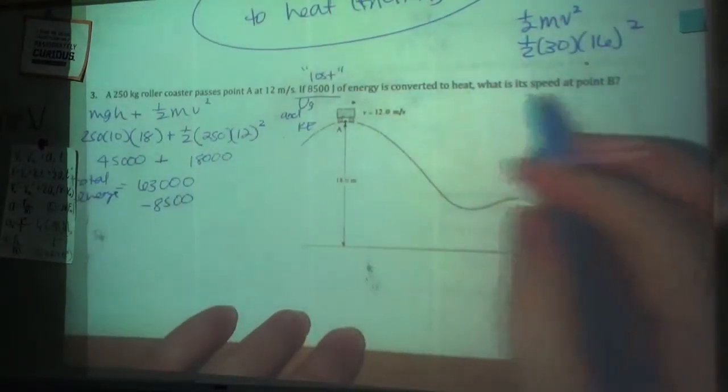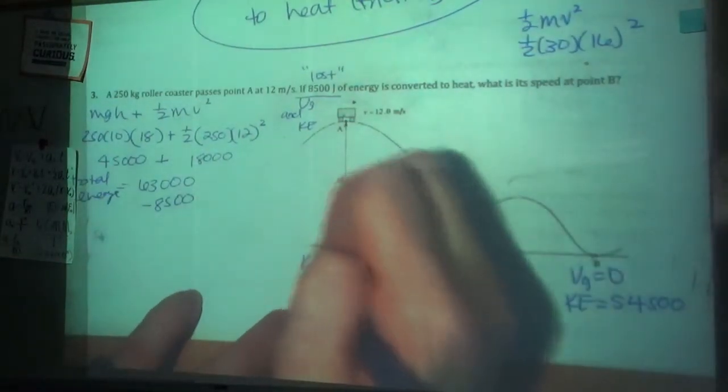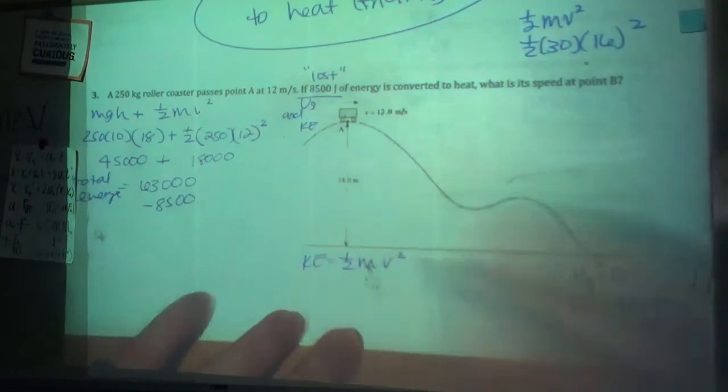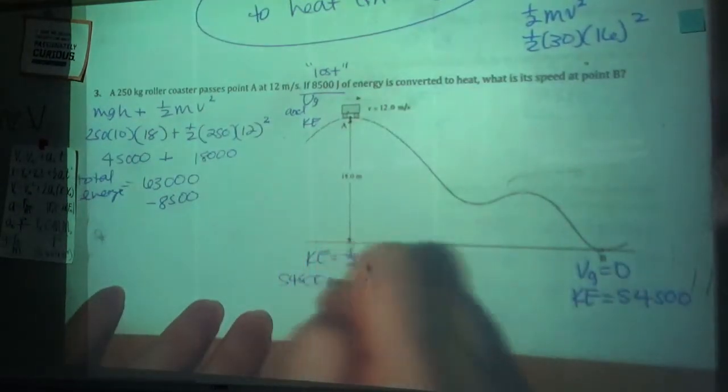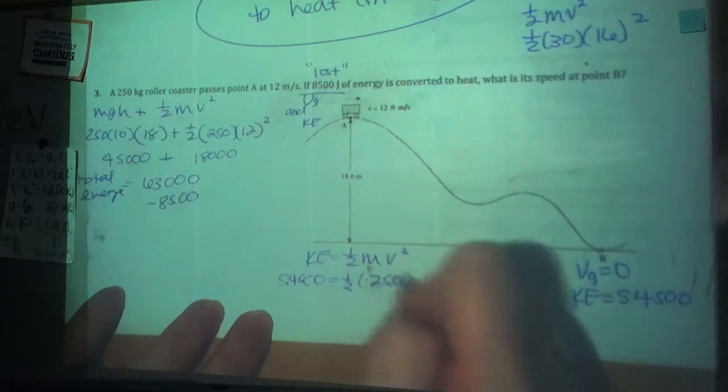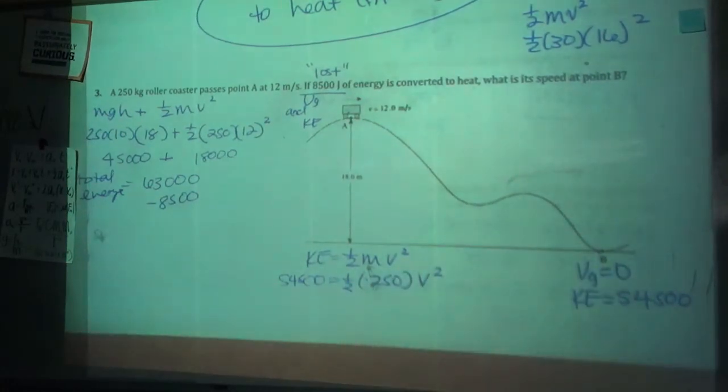Now what I wanted was the speed, so you can just say, okay, my kinetic energy is 1/2 mv squared, so 54,500 is 1/2 mass v squared. You guys rearrange.